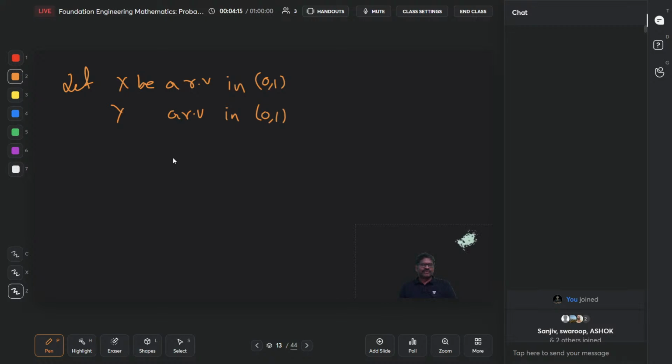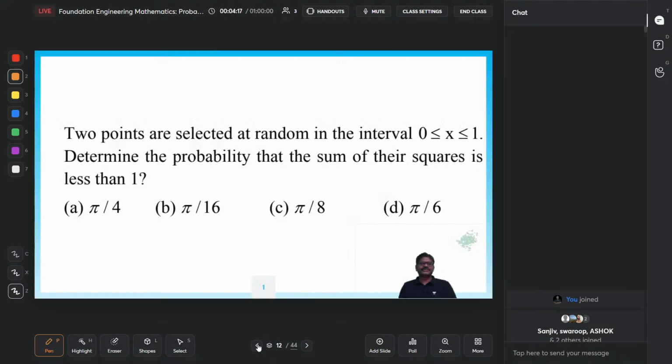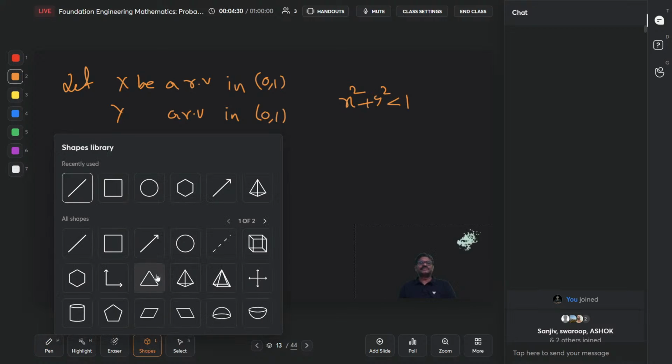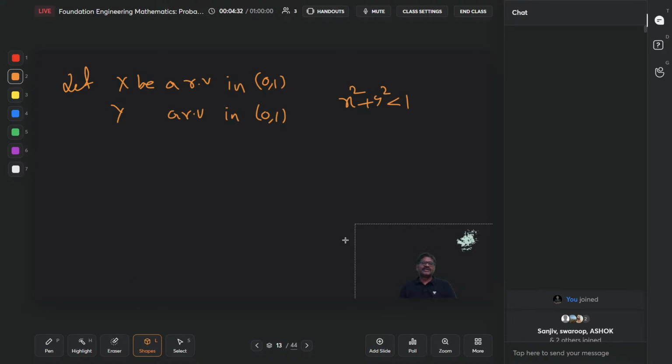Now we have to find out the probability that the sum of their squares is less than 1. Sum of their squares is less than 1 means x square plus y square less than 1. Now x varies from 0 to 1, y varies from 0 to 1, which means it represents a square.